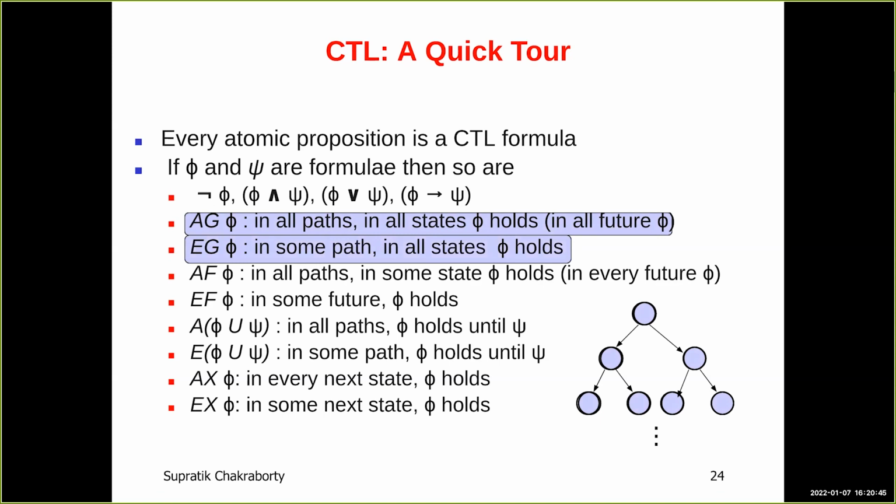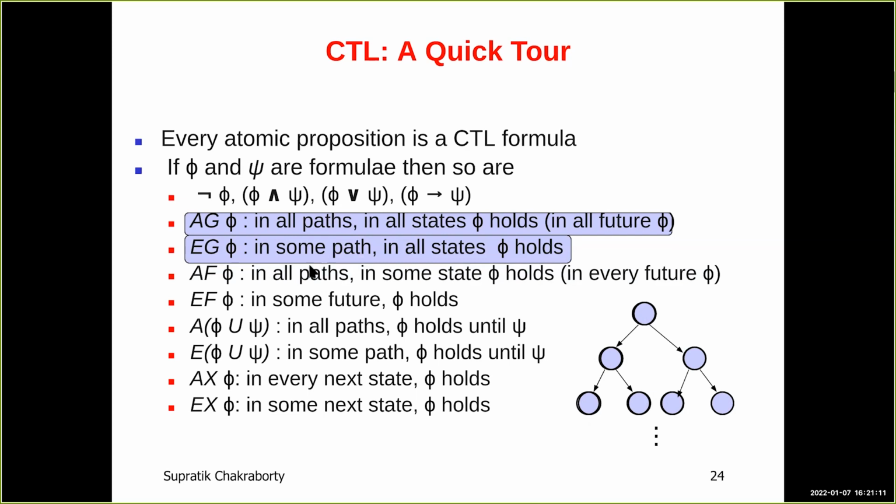I think this animation is broken a little bit, but suppose you had phi holding only along this state, this state, this state, and so on. So there exists a path along which phi holds globally. Phi may not be holding at the other states along these paths.